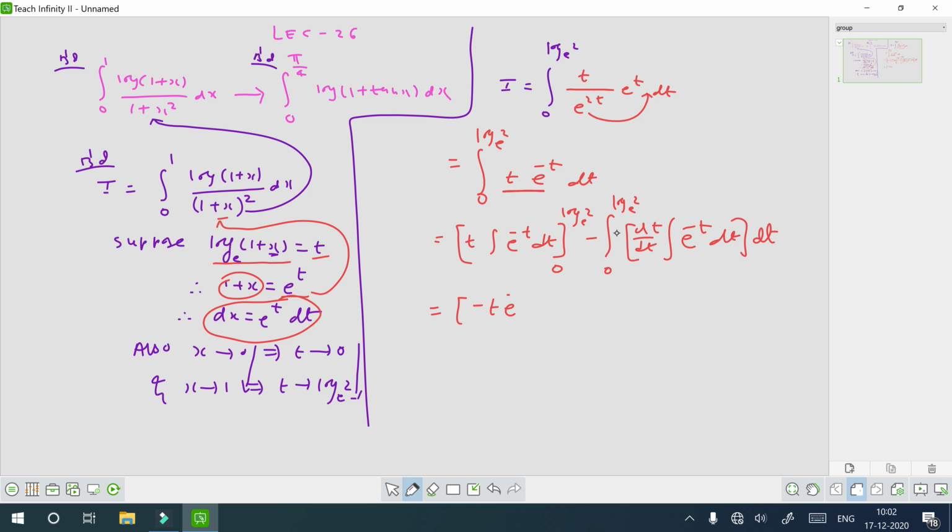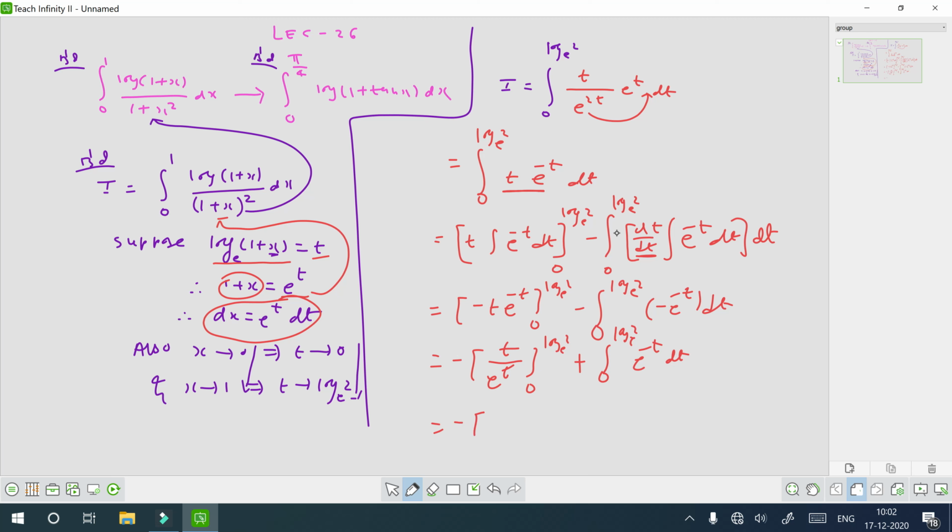So that is equal to minus t e raised to minus t, 0 to log 2 base e, minus integral 0 to log 2 base e, differentiation of t is 1, times the integral of e raised to minus t dt. Can I write minus t over e raised to t, 0 to log 2 base e, minus minus plus integral 0 to log 2 base e of e raised to minus t dt.